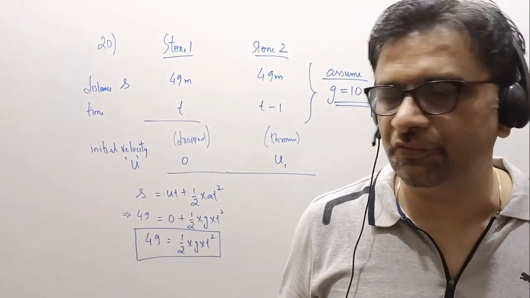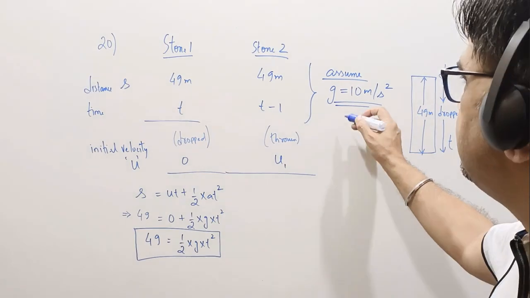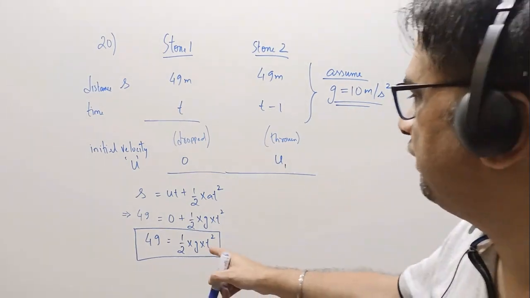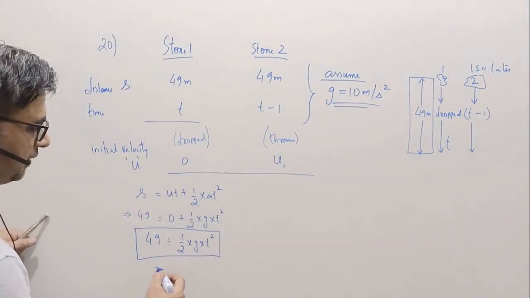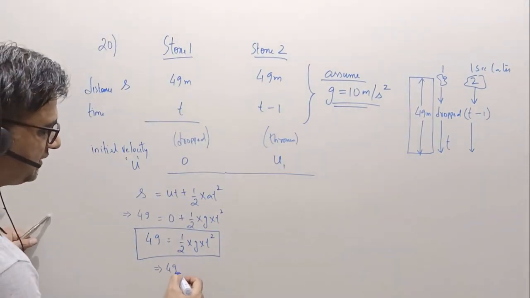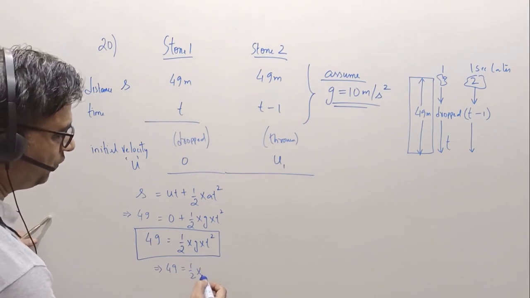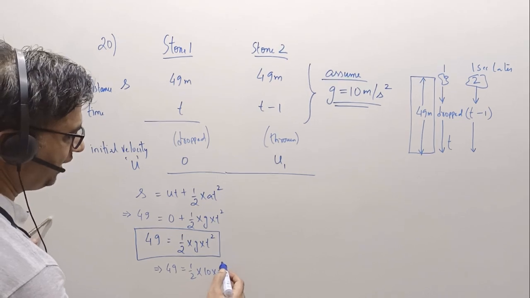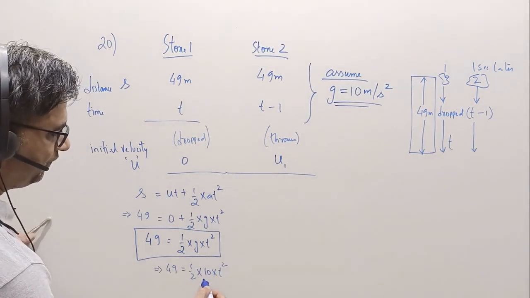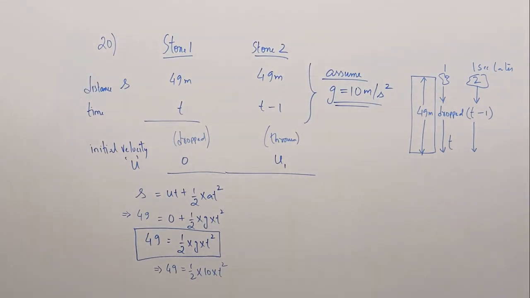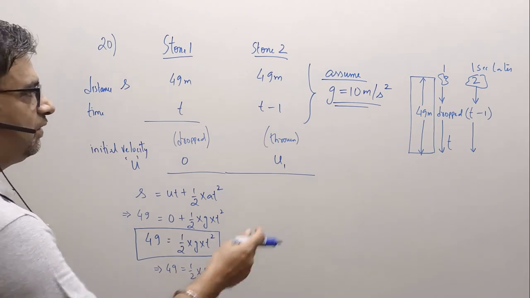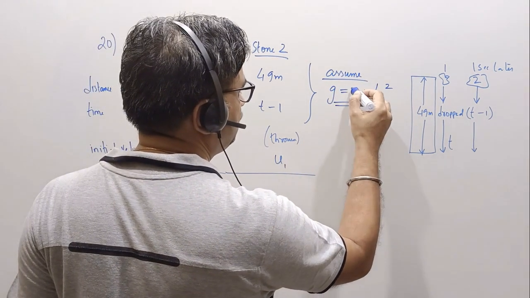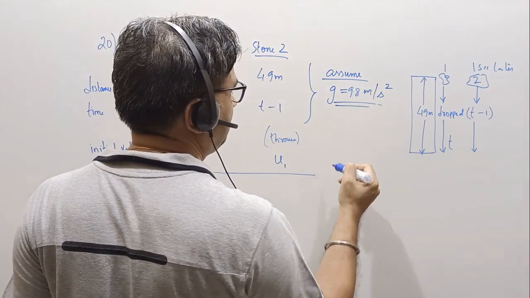If we substitute all of these values, and assume g as 10 meter per second square, we get 49 is equal to 1 by 2 into 10 into t square. Well, to make sure that this divides properly, let us rather assume the value of g to be 9.8 meter per second square.